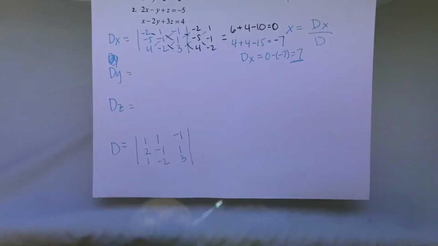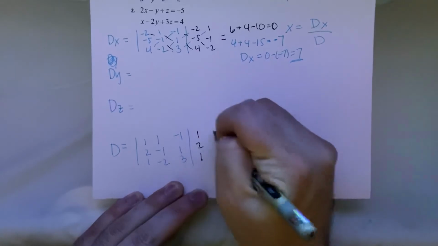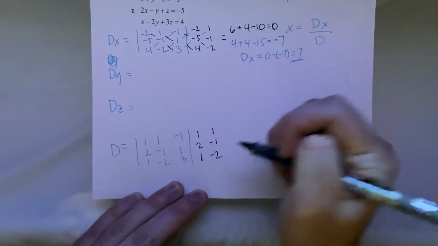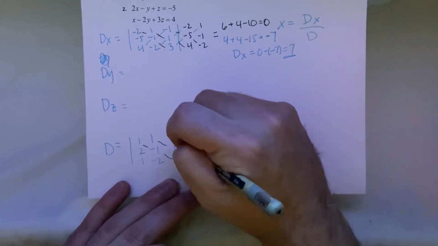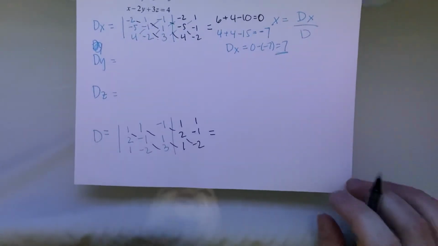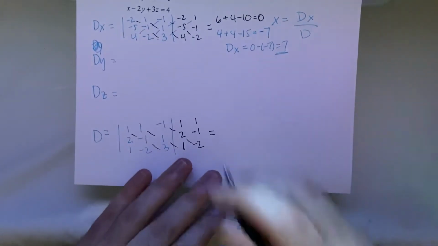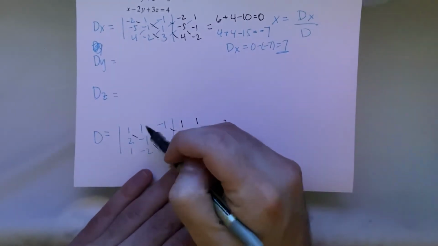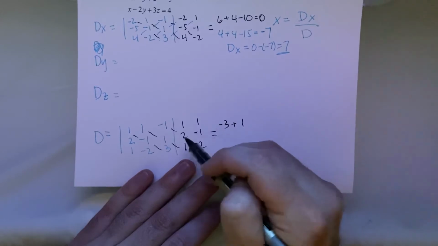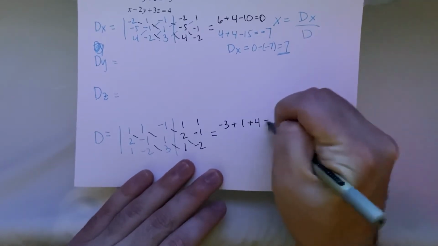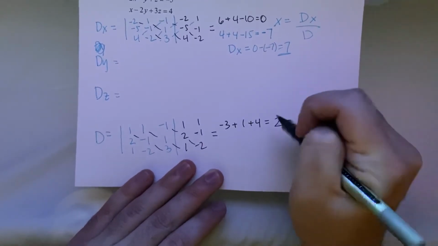We do the same thing for the denominator. Again, write in the extra columns, 1, 2, 1, 1, negative 1, negative 2. Top left to bottom right diagonals: 1 times negative 1 times 3 is negative 3, 1 times 1 times 1 is 1, negative 1 times negative 2 times 2 is 4, so that adds up to 2.